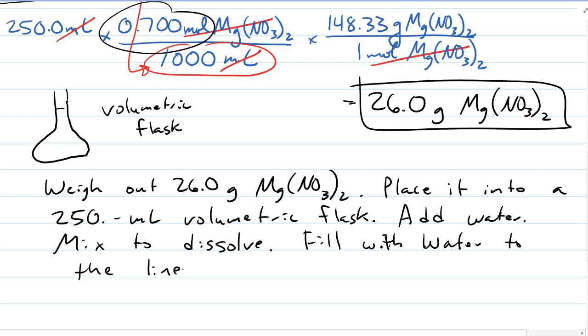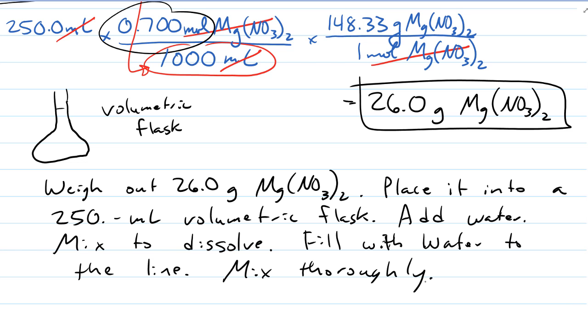And then mix thoroughly. And the reason why we do the water adding in 2 different steps is for this reason. Okay, let's say that I was mixing together a couple different beakers of sand and marbles. In one beaker I have 150 milliliters of sand.